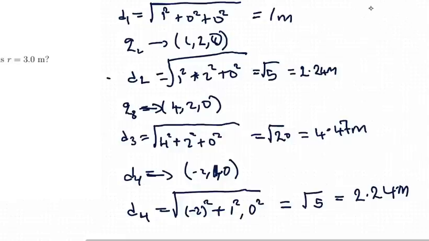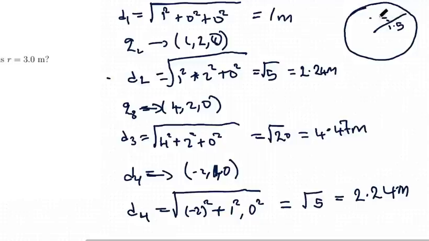But d2 is already outside the sphere, so it's no longer enclosed. d3 is not enclosed as well, it's 4 meters, it should be bigger, and d2 and d4 have the same radius. So in this case, it's only Q1 that is enclosed.